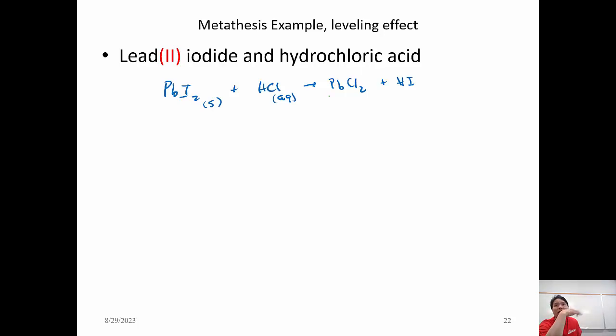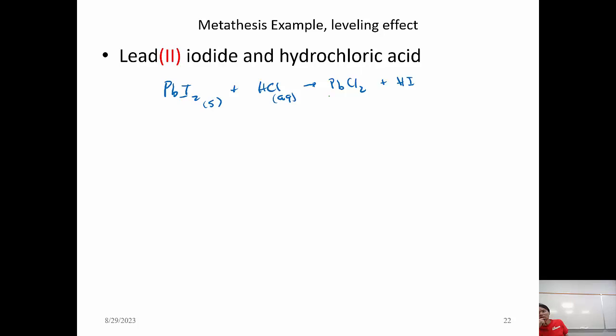Not hydrogen iodide. We call it hydrogen iodide as the pure substance, but in the acid form, we'd call it hydroiodic acid. So we're going from hydrochloric acid to hydroiodic acid.